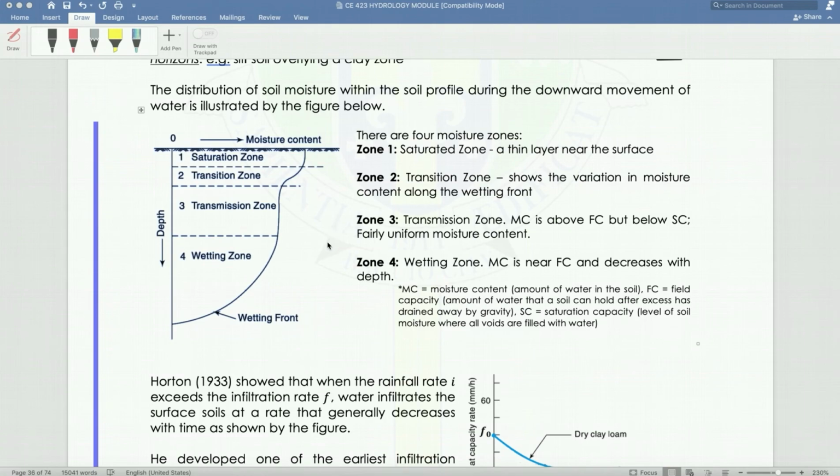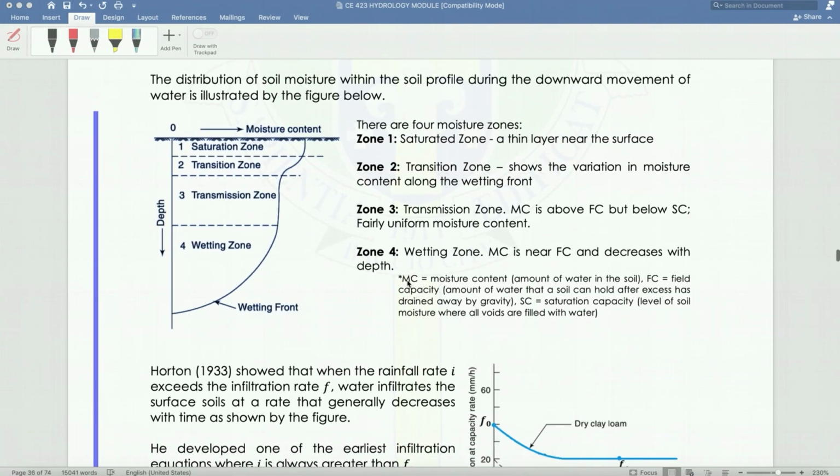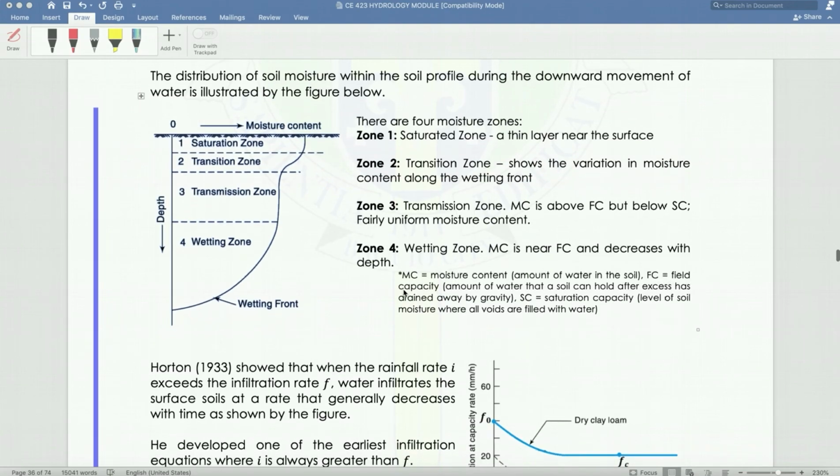When we have a groundwater table, the soil below the groundwater table is saturated while the soil above is dry. So that applies here after precipitation. Okay? So we have here the legend.